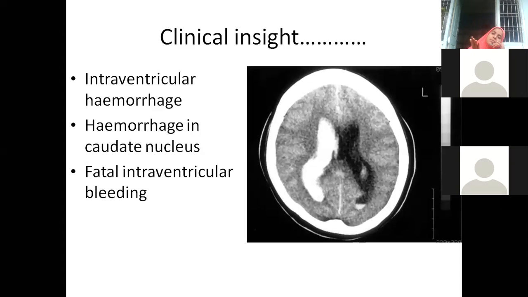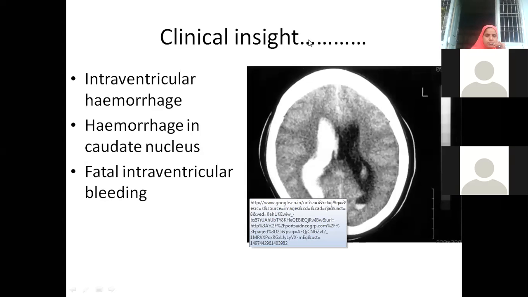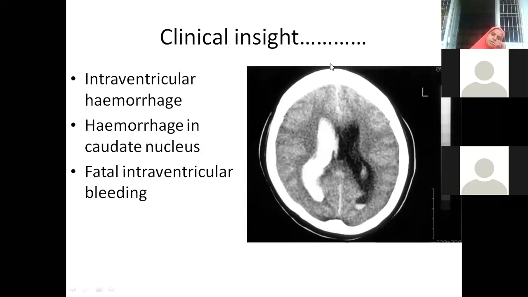And suppose it is due to a tumor like ependymoma, then we have to treat the cancer. Burr hole surgeries are available. Neurosurgeons will generally do those types of surgeries.